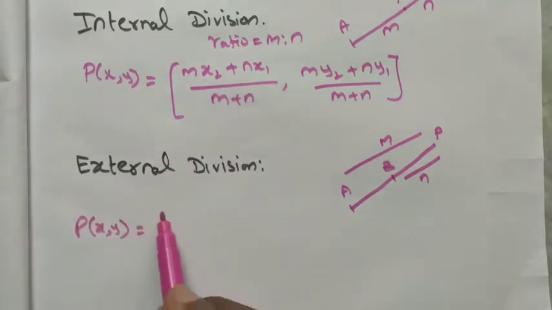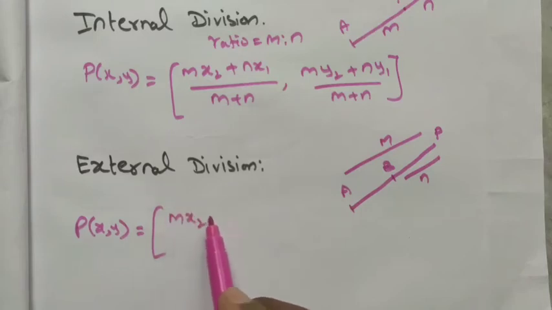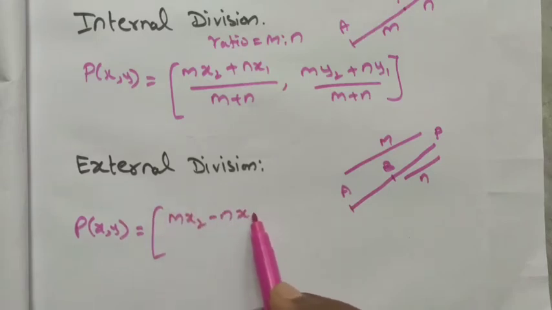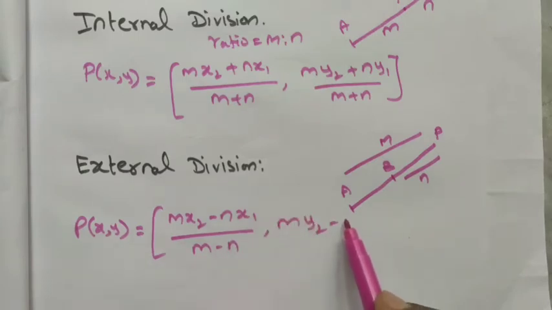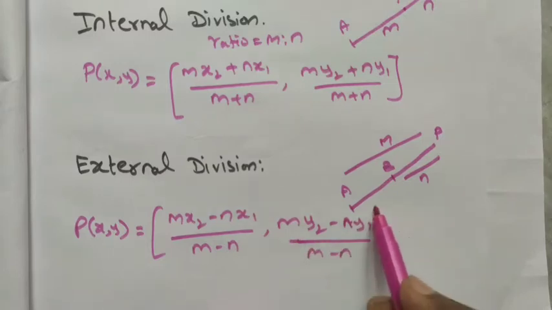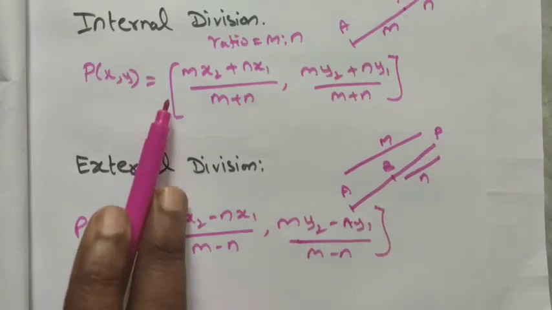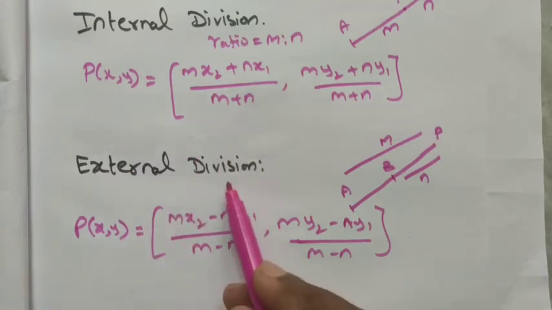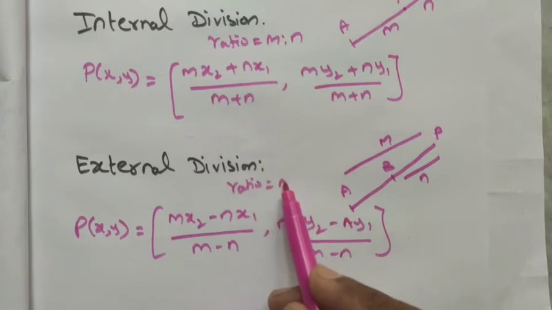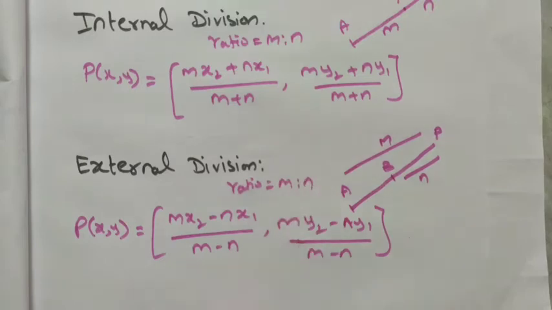P of (x, y) is equal to (M x2 minus N x1) divided by (M minus N), comma, (M y2 minus N y1) divided by (M minus N). So this is the formula. Internally means we have the plus symbol, externally means we have the minus symbol. The ratio here also is M is to N.